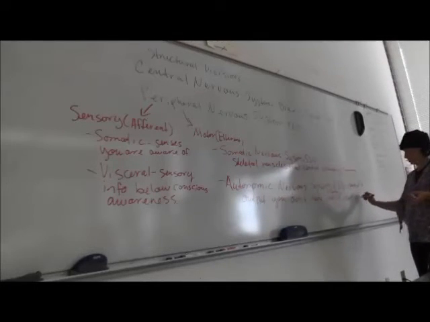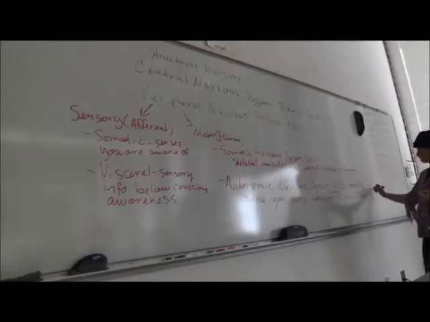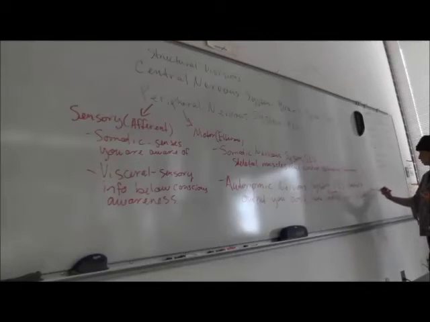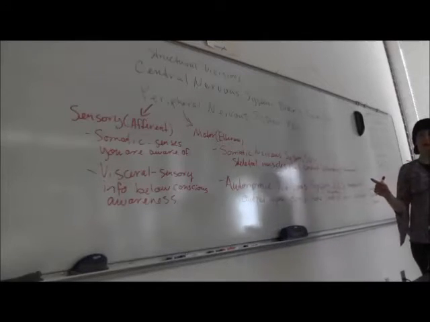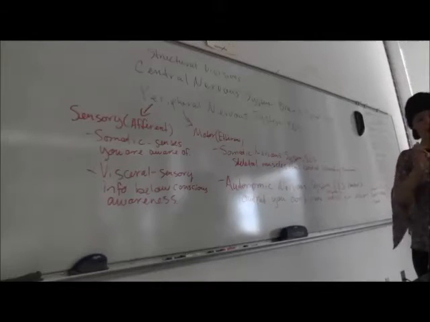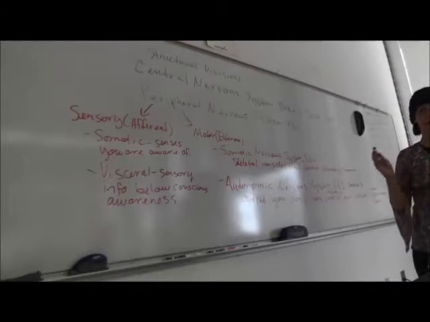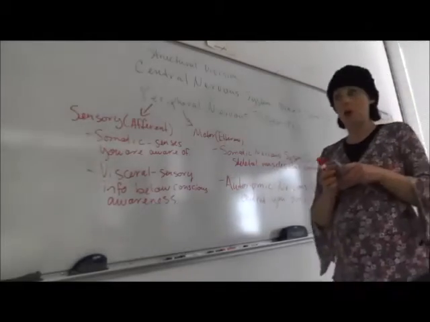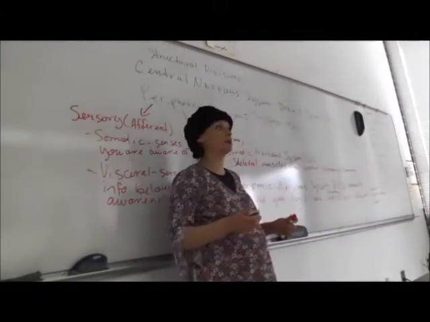So the effectors are smooth muscle and cardiac muscle and glands. There are two branches of the autonomic nervous system that we're going to spend a great deal of time talking about at the end of the semester. And again, that's because this is really important in controlling all of the organ systems you're going to talk about next semester.